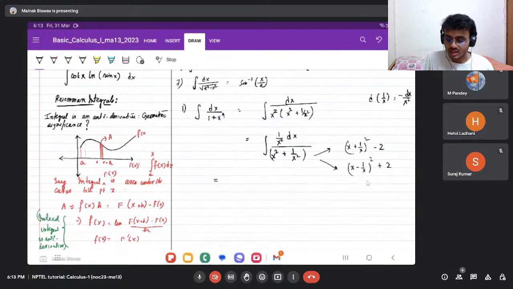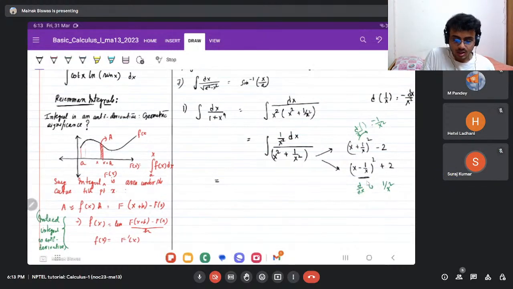So you see, what is the derivative of this? The derivative of x minus 1 over x is 1 plus 1 over x square, and the derivative of x plus 1 over x is 1 minus 1 over x square. Do you understand? Yes, sir. So this is the idea. The numerator I will make into plus x square and minus x square, because x square is the same thing.